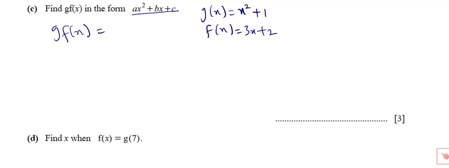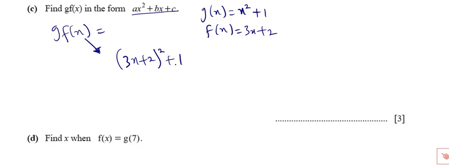So now gf of x will be, we take f of x, put it inside g of x, which is going to become 3x plus 2 to the power of 2 plus 1.